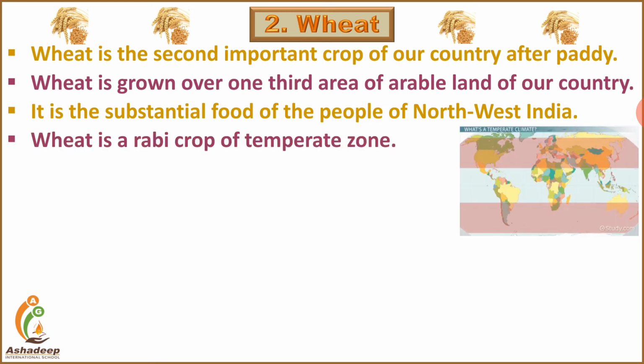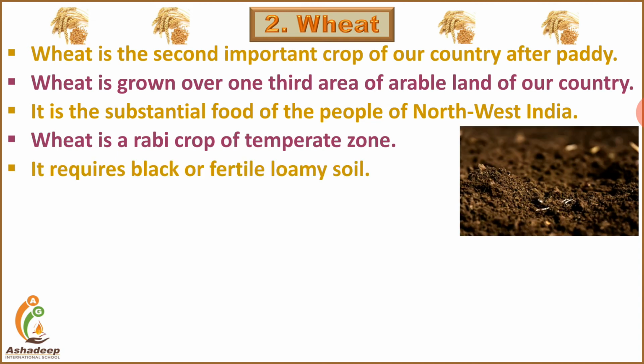It's a rabi crop of a temperate zone, right? Temperate zone means a region above the torrid zone and below the frigid zone where the temperature is moderate, and it is also a kind of rabi season crop. You can also call it a kharif crop too. It requires fertile loamy soil with good fertility and nutritious content.